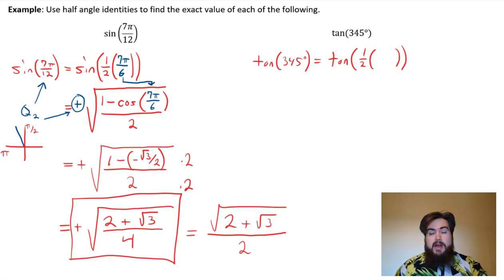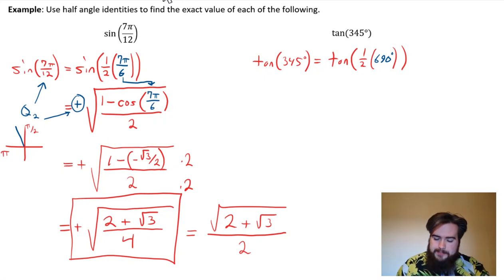If you factor 1/2 out of 345 degrees, you will get 690 degrees. Now, I will be using that angle measure in my trig identity. However, I'm going to choose to use a coterminal version of 690 degrees because 690 is not within the unit circle. I'm not very familiar with it.